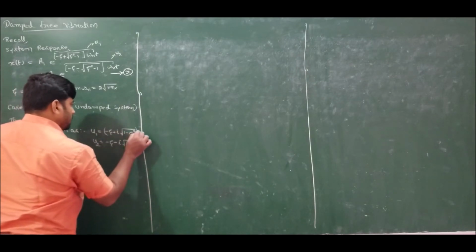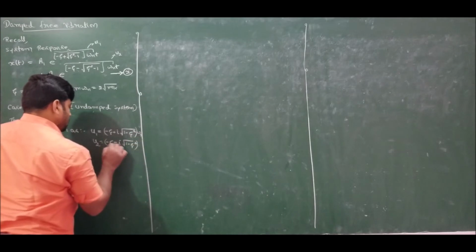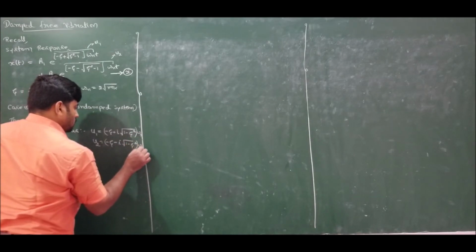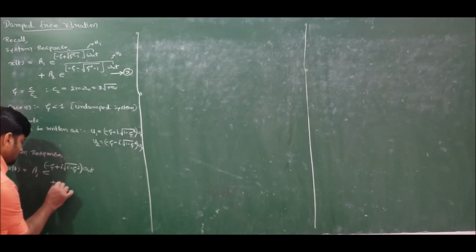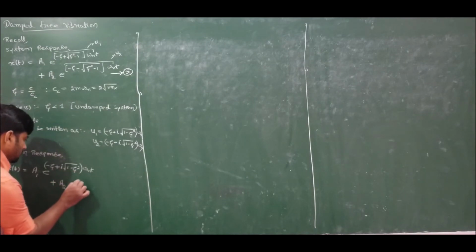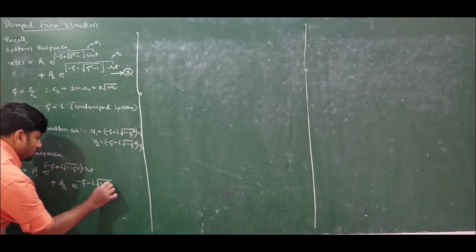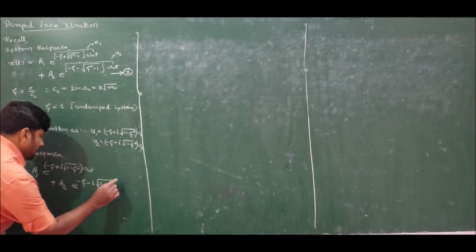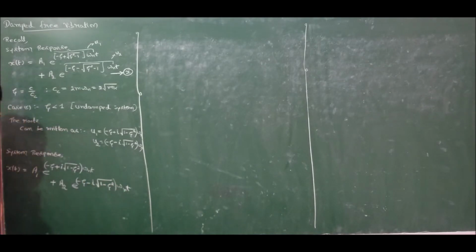So this should be multiplied by omega n, right? And this should be multiplied by omega n, plus a2 e to the power of minus zeta minus imaginary times root of 1 minus zeta square, whole multiplied by omega n into t.